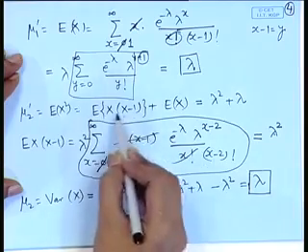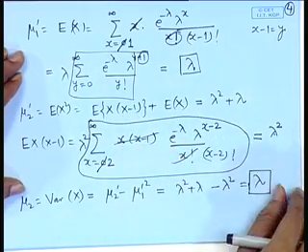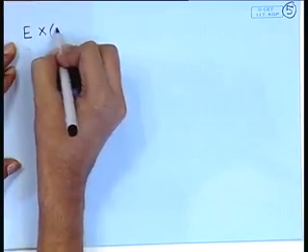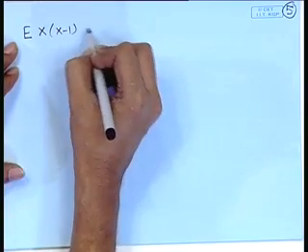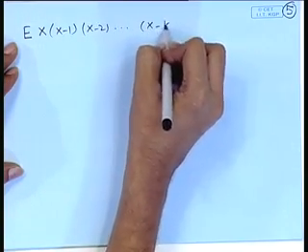Now, the way the calculations have been done here, since the factorials are involved, it will be easier to calculate factorial moments in the case of Poisson distribution. So, we may consider kth factorial moment, that is expectation x into x minus 1, x minus 2 up to x minus k plus 1.